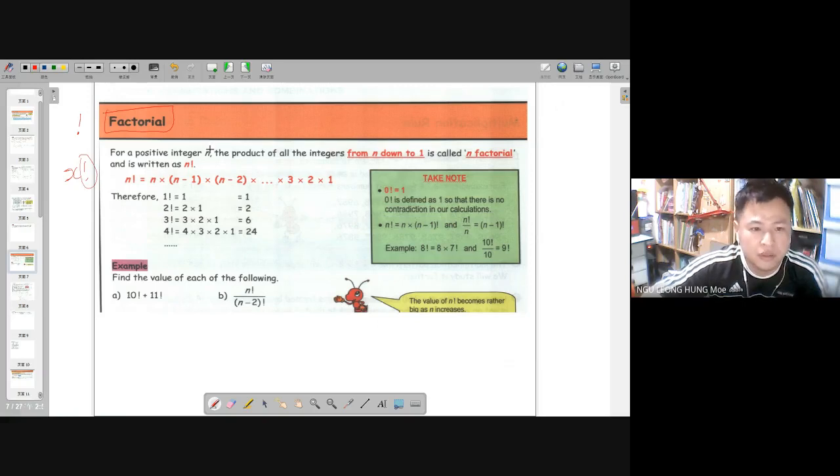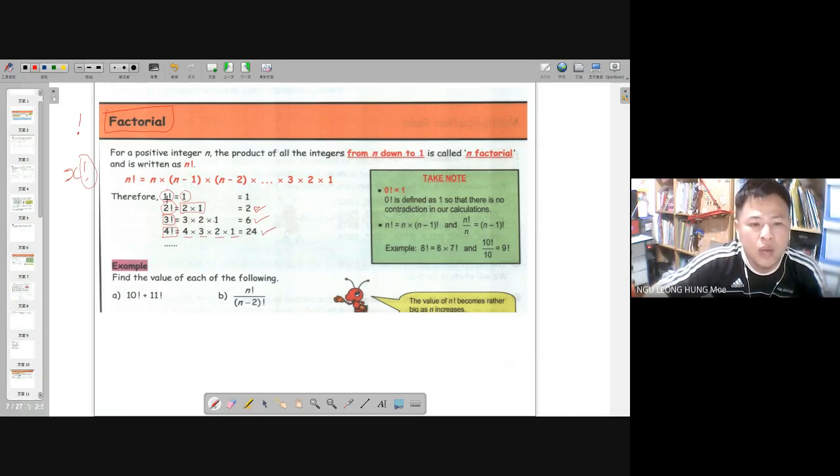Whatever number, let's say we have 1 factorial, that means 1. 2 factorial means 2 times 1 equals 2. 3 factorial is 3 times 2 times 1 equals 6. 4 factorial is 4 times 3 times 2 times 1 equals 24.